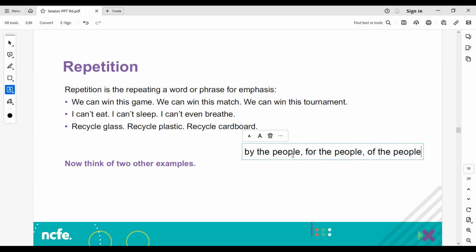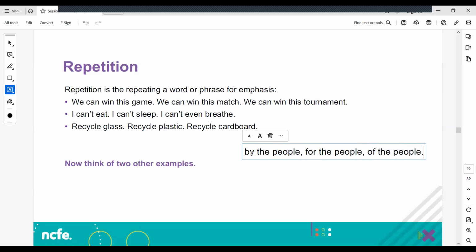Some of you might recognise that. Just make sure I've got a capital. And a simple one, home sweet home. Okay. So any questions about repetition?